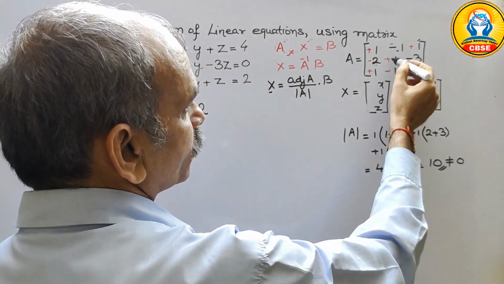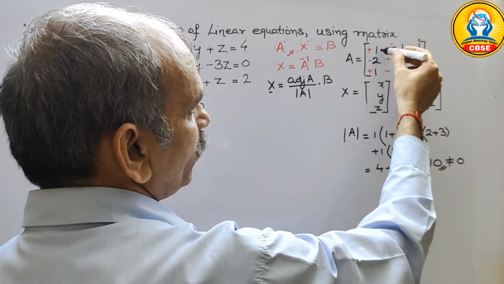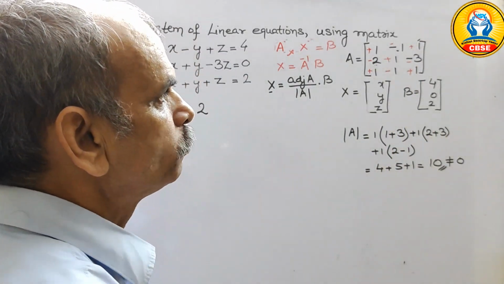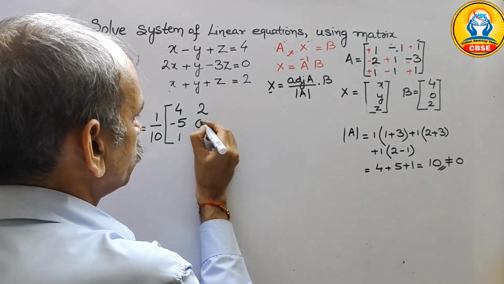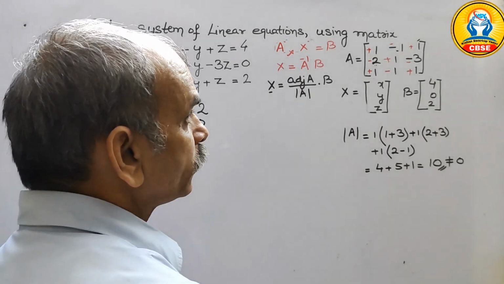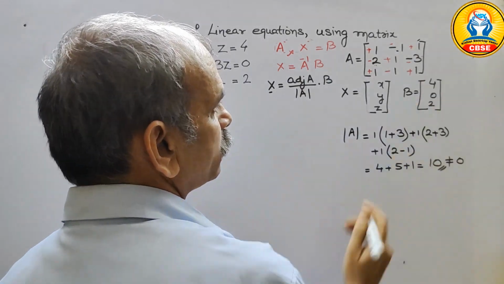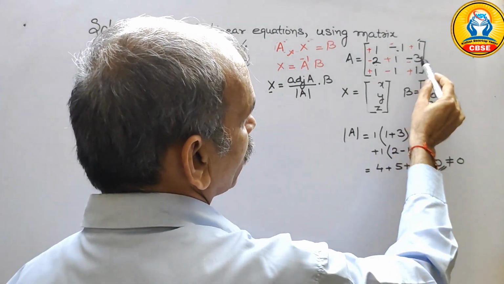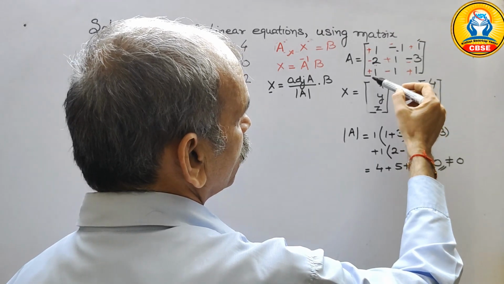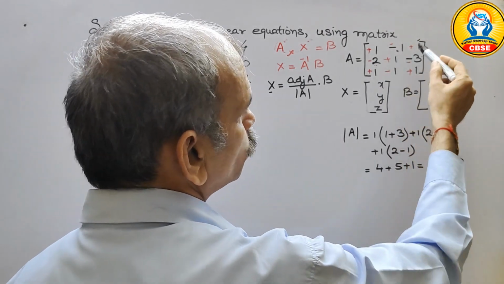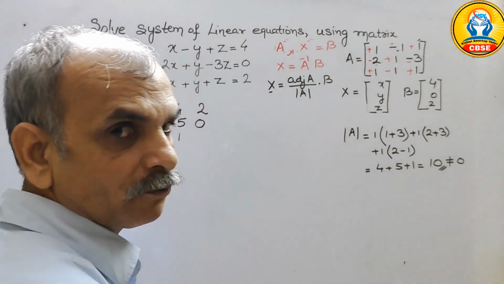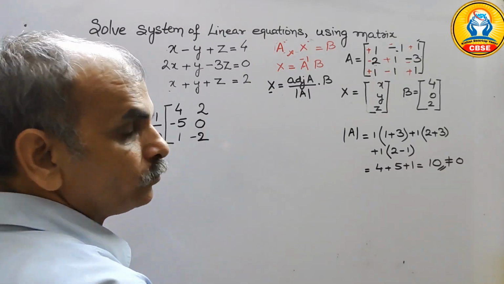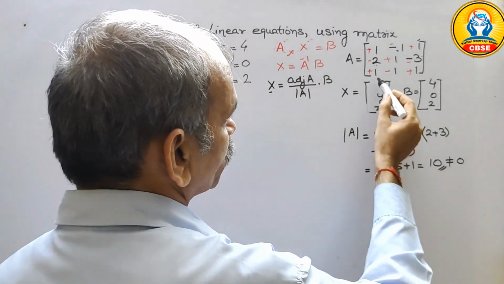Next is this. That means it will be 1 and minus 1, it will be 0. So here we will get 0. Next is this position, that is 3. That means it will be 1 plus 1 is 2, and position is negative, so minus 2. Next is this position.